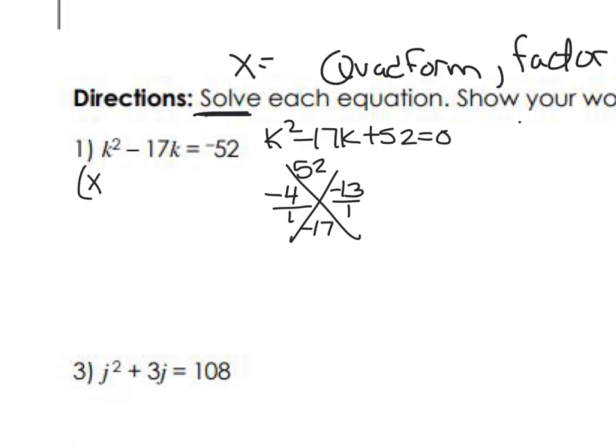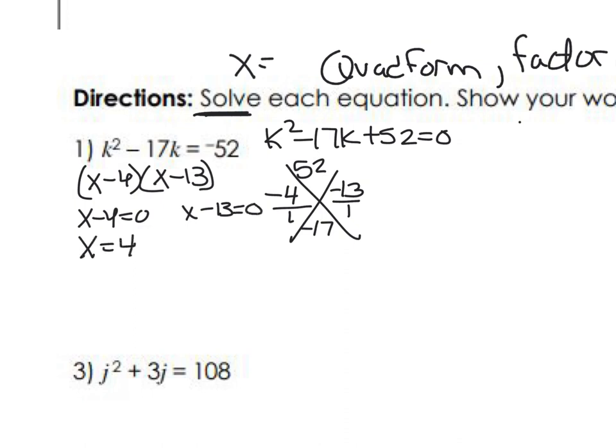So my factors are x minus 4 and x minus 13. If I set those to 0, your solutions are 4 and 13, which is basically the opposite of these. Okay?